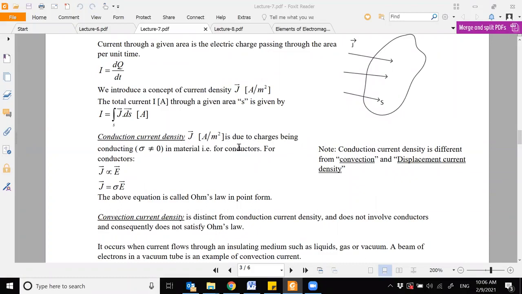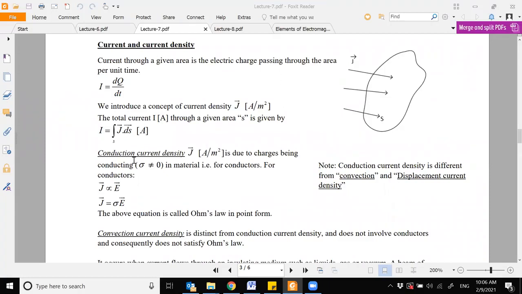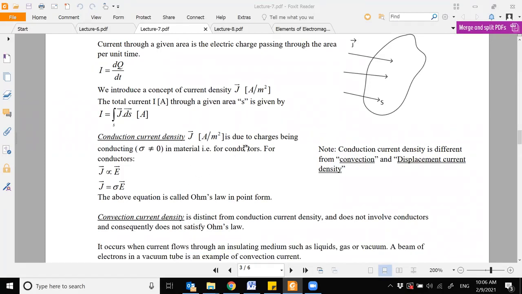Then that kind of current is called conduction current, and that kind of current density is called conduction current density. Okay, so it is due to the charges being conducted in a material, and it is for conductors.